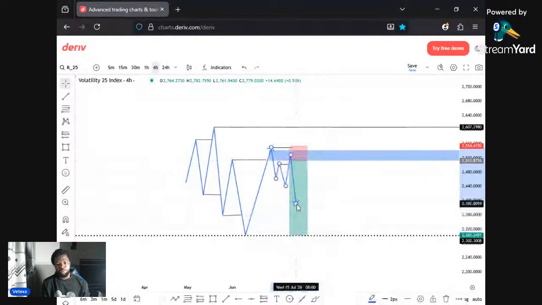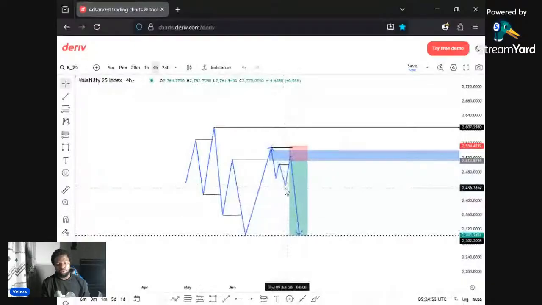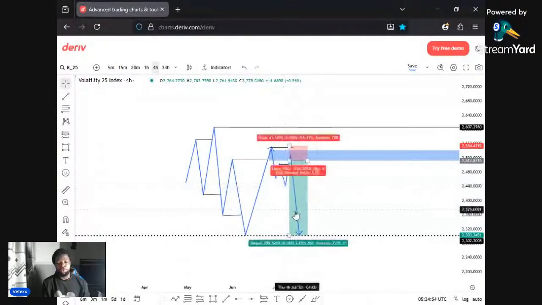So your TP1 will be somewhere around this zone, and then TP2, and then the full TP is somewhere here.